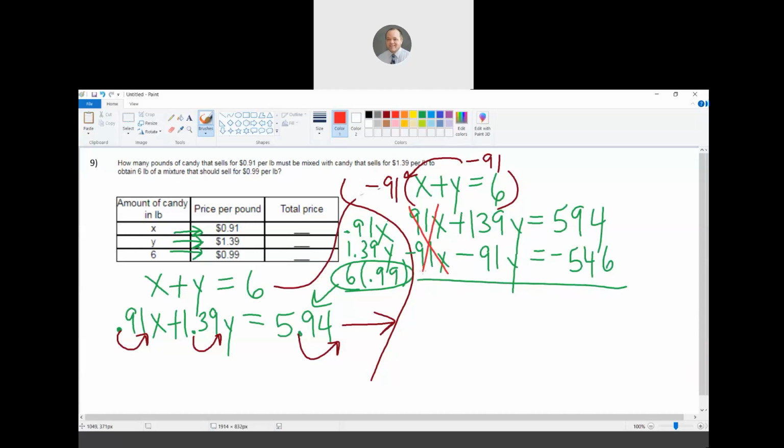Cross those out and combine everything that's left over. When we do that, we're left with 48y equal to 48. Well, our y value, when we divide both sides by 48, is equal to exactly 1 pound.